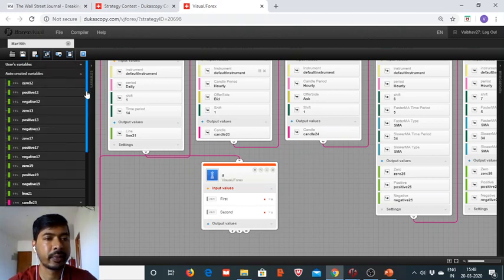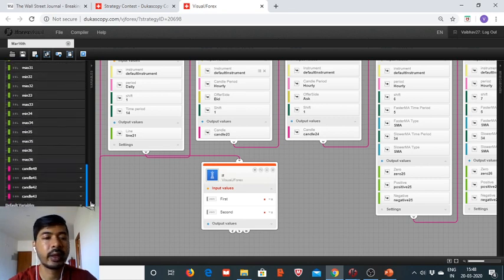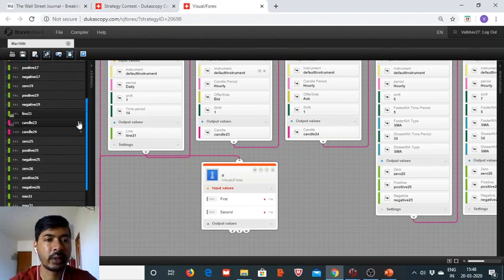Okay, and ours is the candle 23. Okay, here it is.